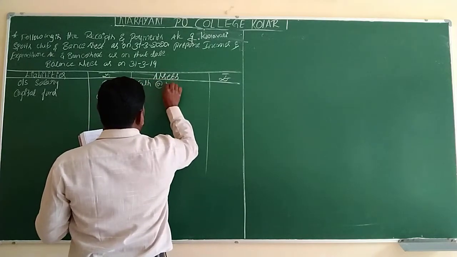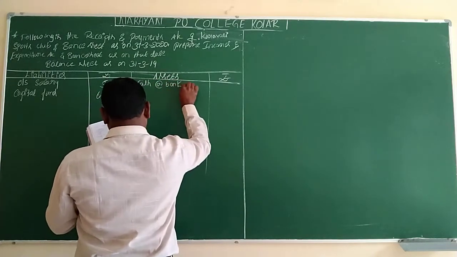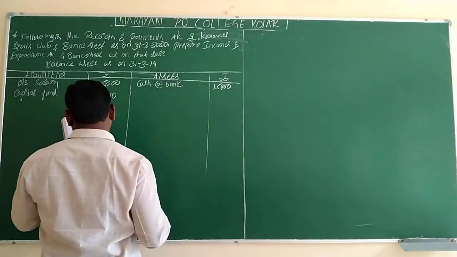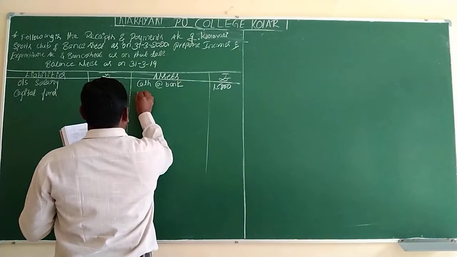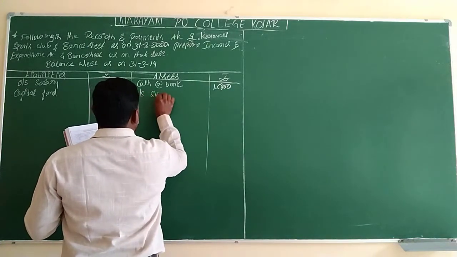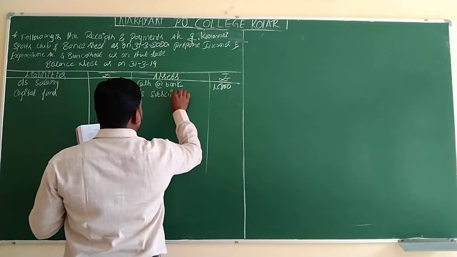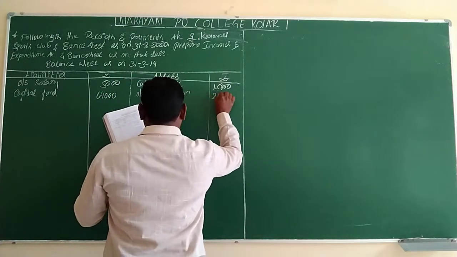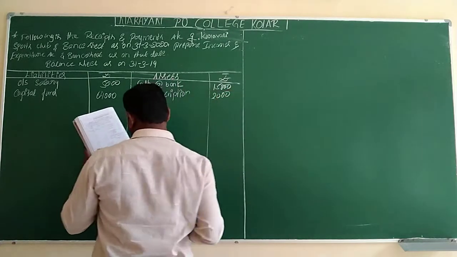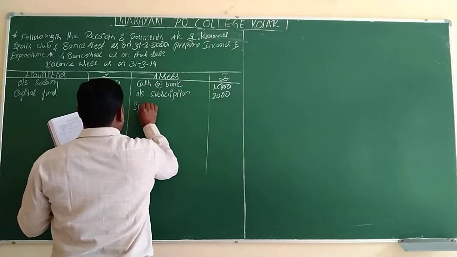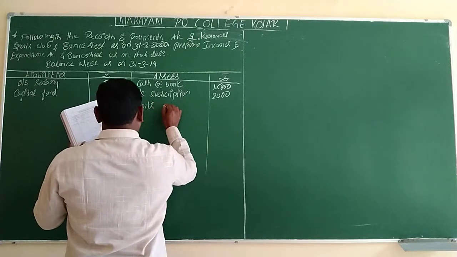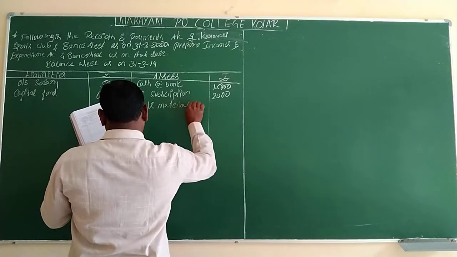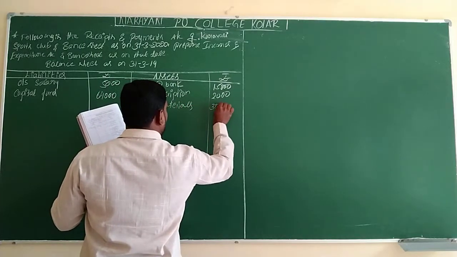Let's come to the assets. Cash at bank 15,000. After that, outstanding subscription 2,000. Sports materials 30,000.